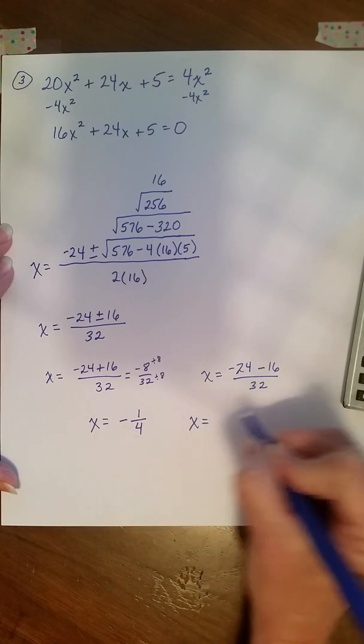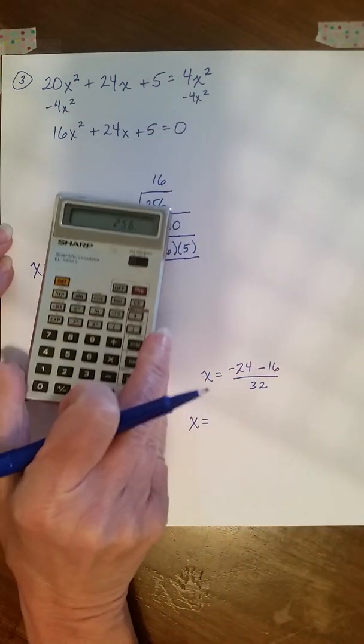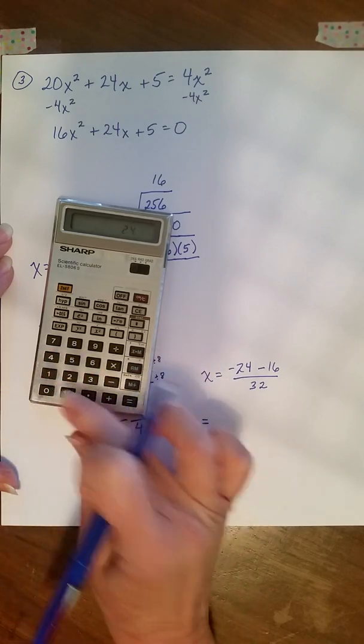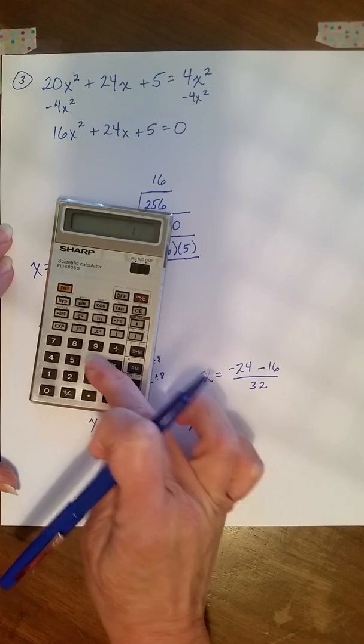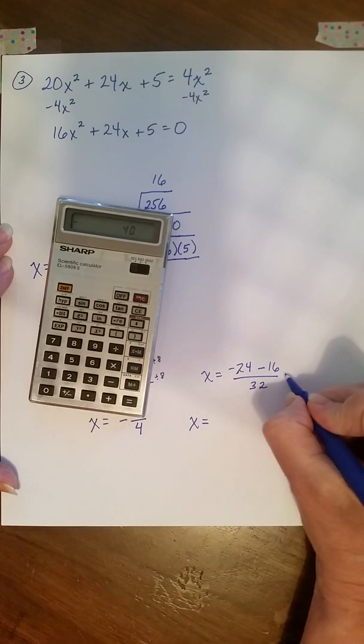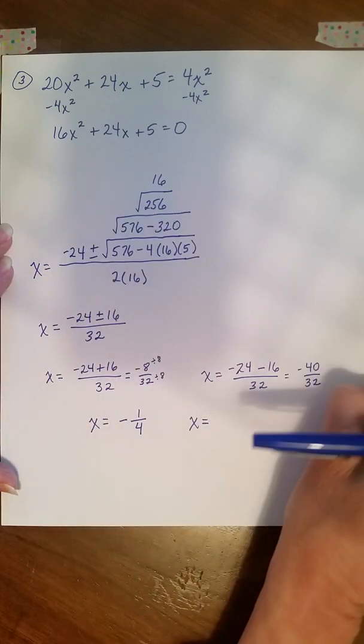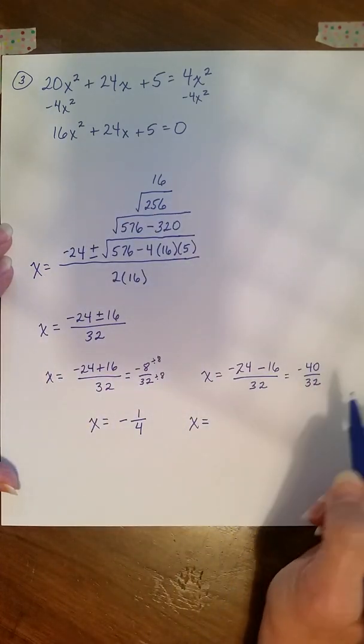And the other answer is, let's see, negative 24 minus 16. I don't want to mess up here, so I'm going to go negative 24 minus 16. So I have negative 40 over 32. And those are also both divisible by 8.